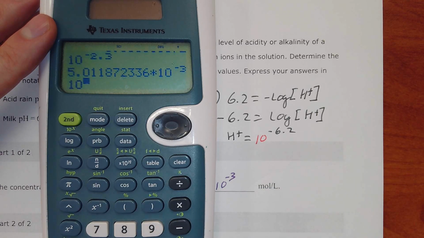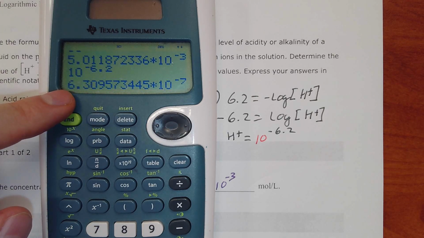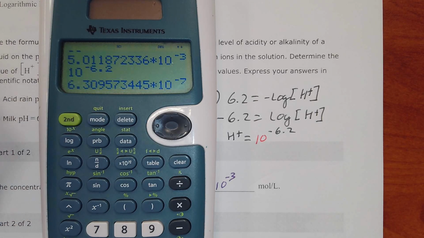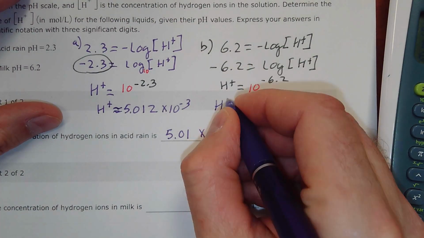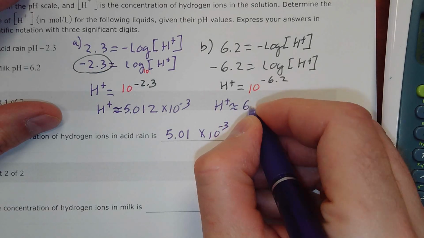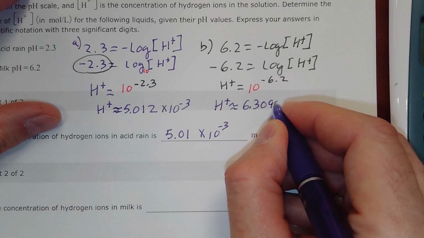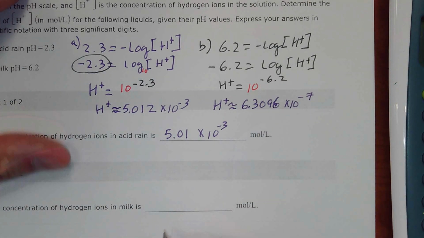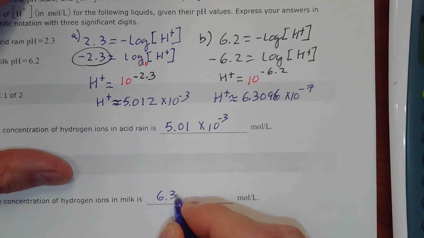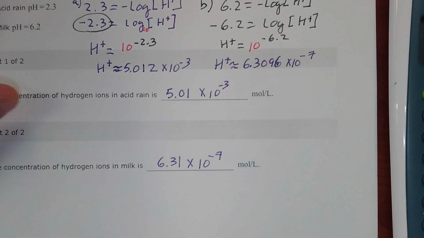Go to the 10 caret key, -6.2. Hit enter. And so that would be rounded off to 6.31 times 10 to the -7. So I put that down here. So let me just put it approximately here, and then we're going to round to 3 significant digits. 1, 2, 3. There's our 3. And that'll be the answer.